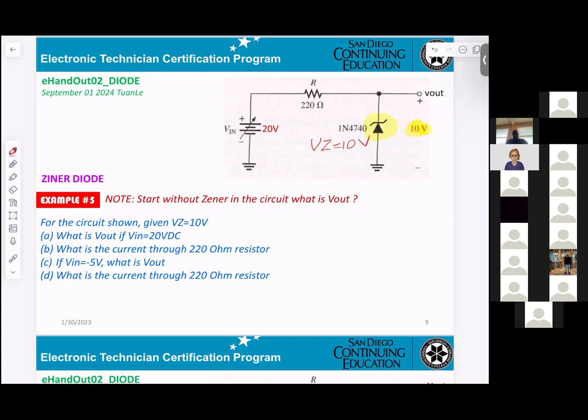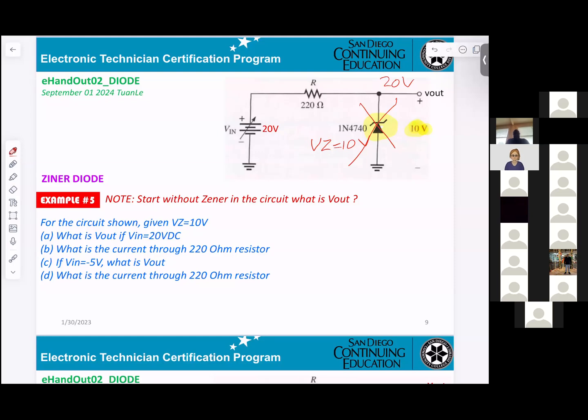So now, if you hit this kind of problem, what can we do? Explain. First thing, suppose there is no Zener here. What is Vout? It'll be 20 volts.